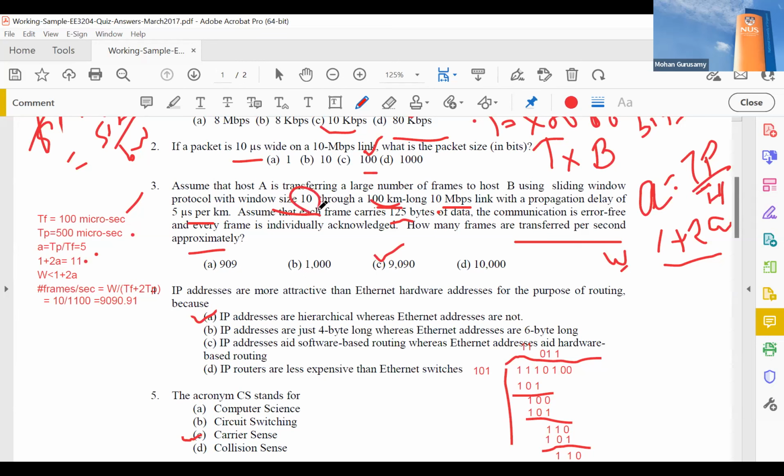W is 10. So W is less than 1 plus 2a. So the number of frames transferred per second is W frames sent for every TF plus 2 TP. When you use the formula, W is known, TF is known, TP is known, you get 9090.91. So that is approximately 9090.